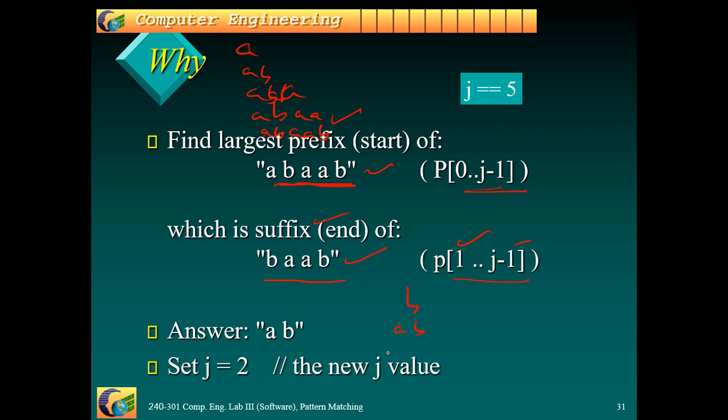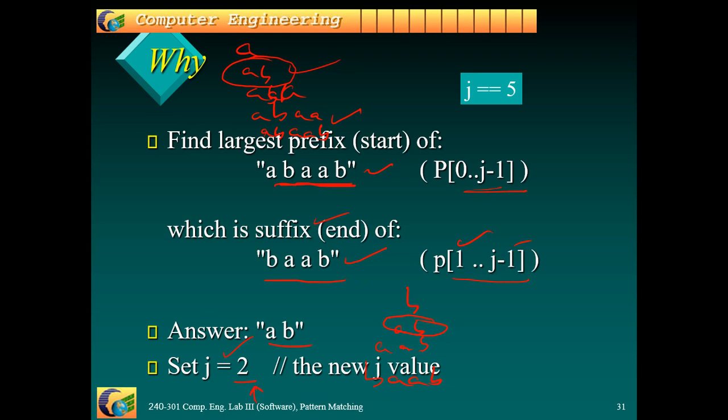B, AB, AAB, and the string itself. Now, what is the largest prefix which is equivalent to the largest suffix of this particular string? It is AB. How many characters does it consist of? 2 characters. So your j value will be set to 2.